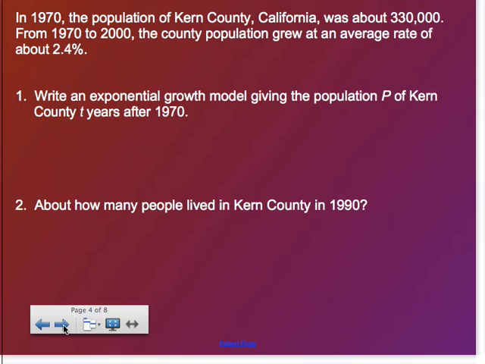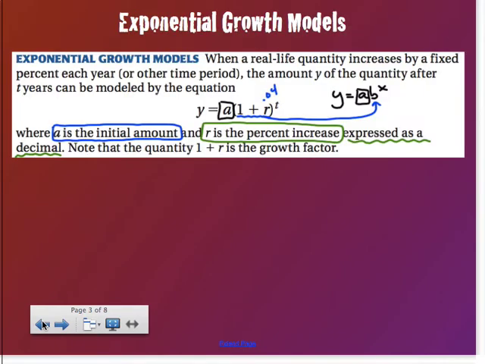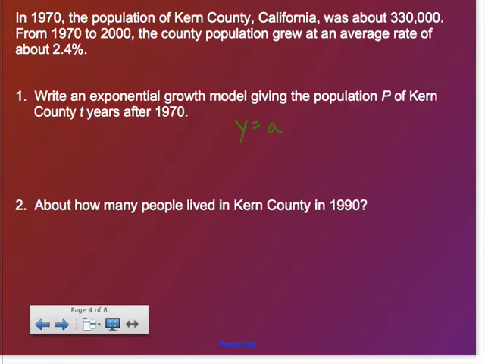So if I think about 1970 being t equals 0, that's the initial year that we started. I think I have some information here. If I start with the generic model from the previous page, y equals a times 1 plus r to the t.